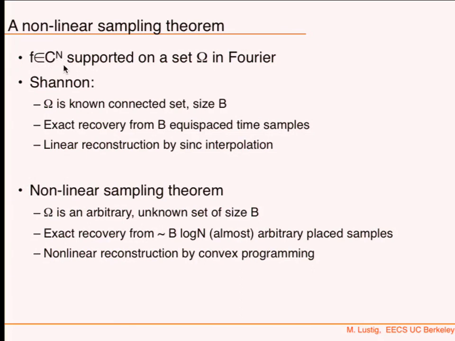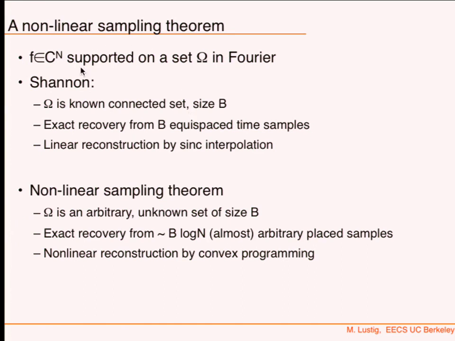You've got some signal that is supported in a set in Fourier, right? That's the Shannon-Nyquist theorem. Shannon says the set is known and connected, and it has a certain size. And so you can get exact recovery from that size of equispaced samples. Then you do a linear reconstruction by sinc interpolation.